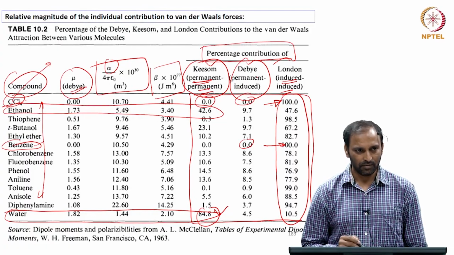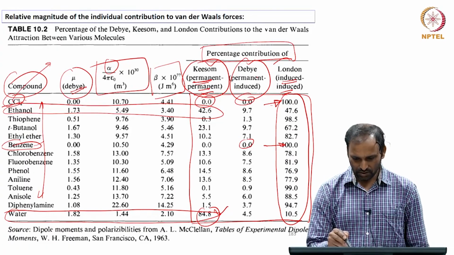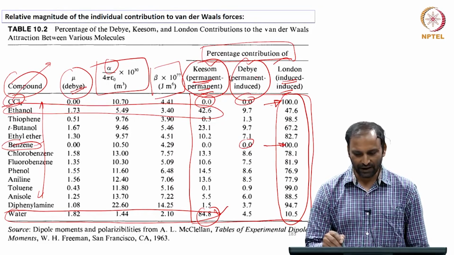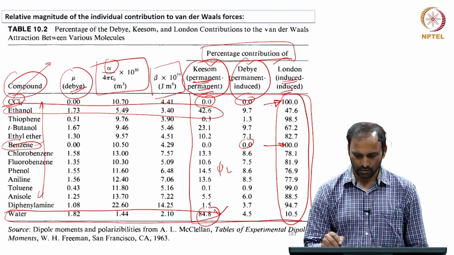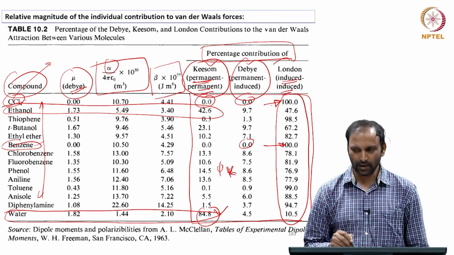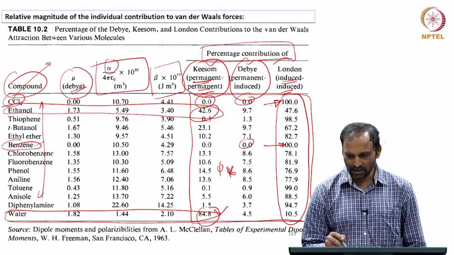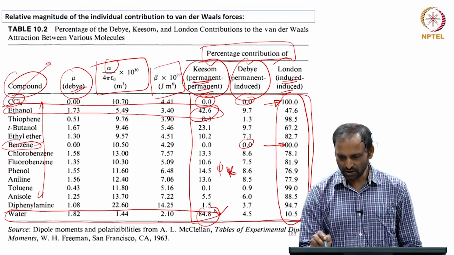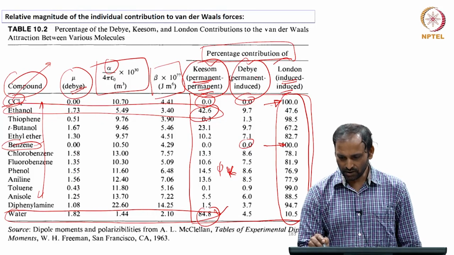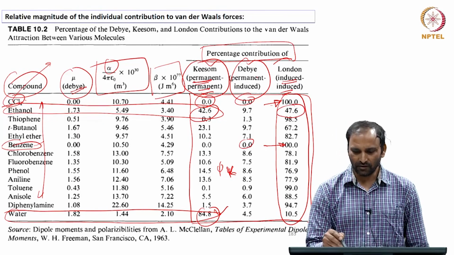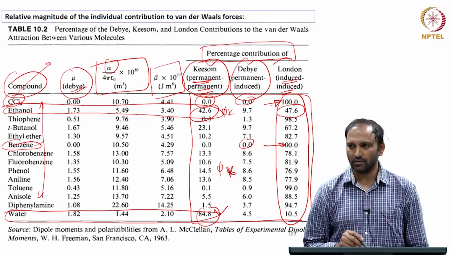So if I look at water, 84.8 percent is the phi k. And if you took ethanol, of course the London dispersion force is also important, but there is a significant contribution from the phi k itself.